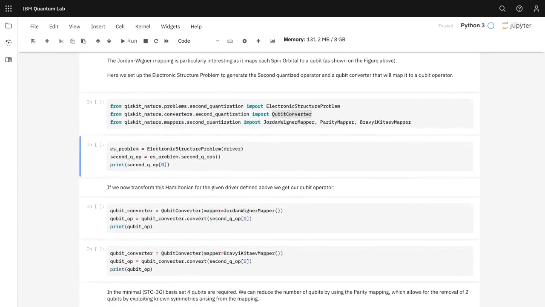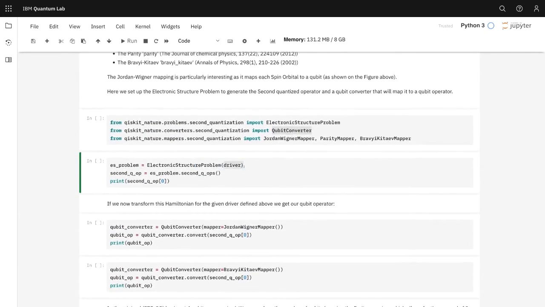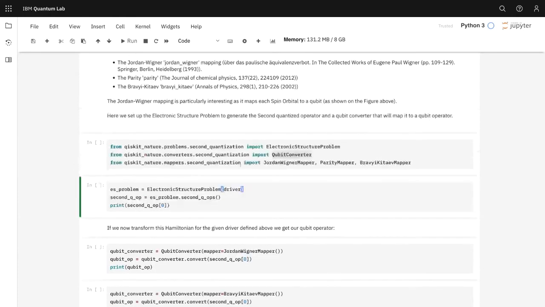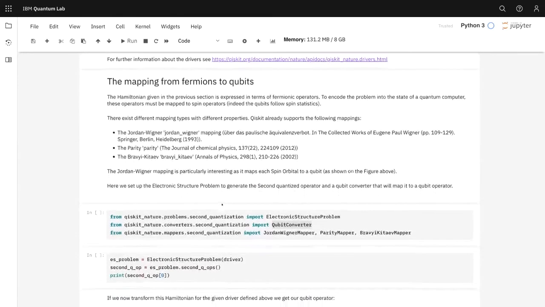So we started with setting up the electronic structure problem, where we pass our driver that we set up over here, which is a PySCF driver. So we essentially want to run Hartree-Fock and compute 1 and 2 electron integrals.